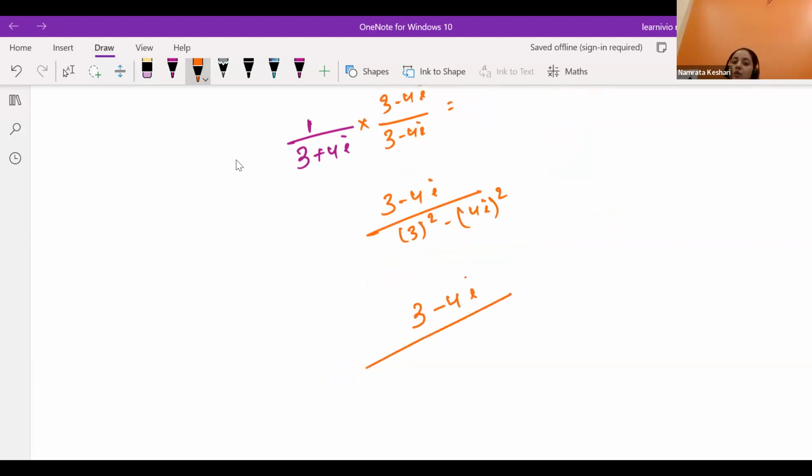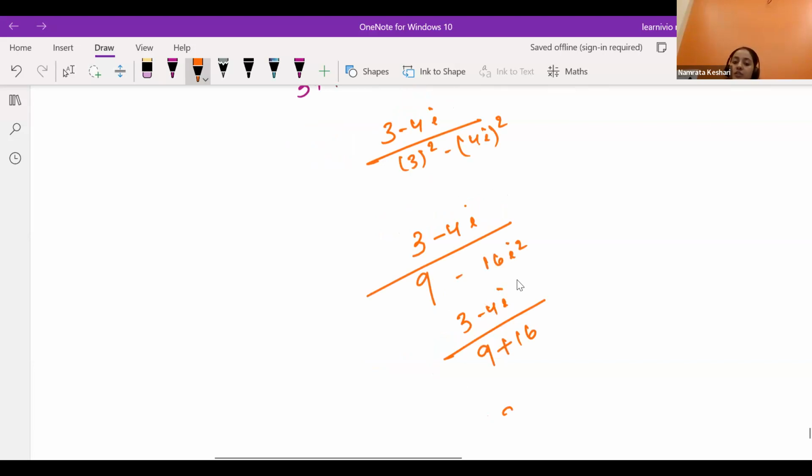So we are having 3 minus 4i in the numerator, and in the denominator 3 square is 9, 4i square is 16i square. The value of i square we know is minus 1, so it will be plus 16. It will become 3 minus 4i by 25.